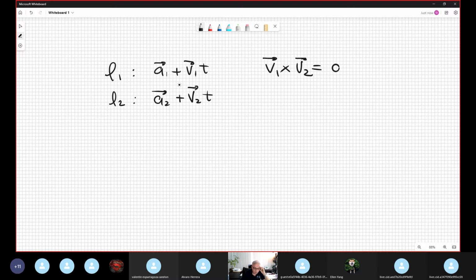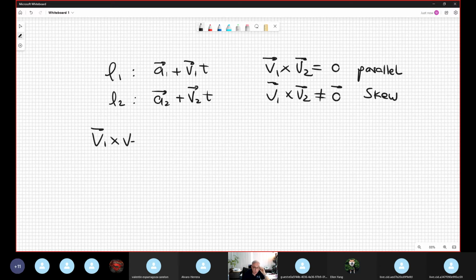Then it is parallel, or proportional vectors. Otherwise, you get that B1 cross B2 is not zero. Not a zero vector. Then it is skew. Skew lines.